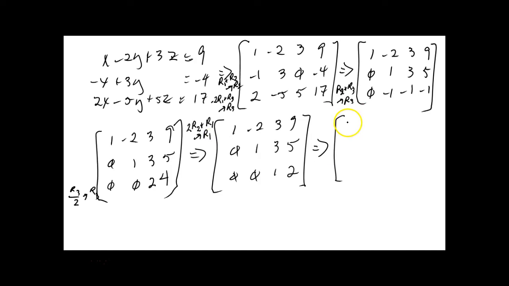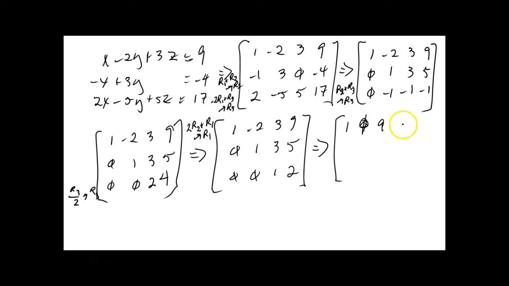Okay. So that would be 1, 0, 9. That is a 0.